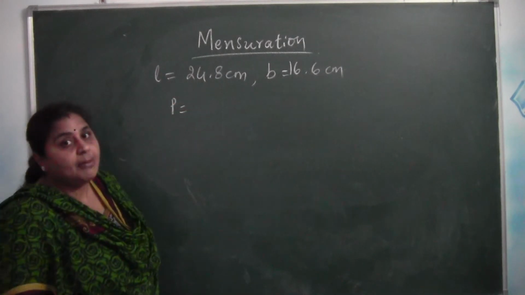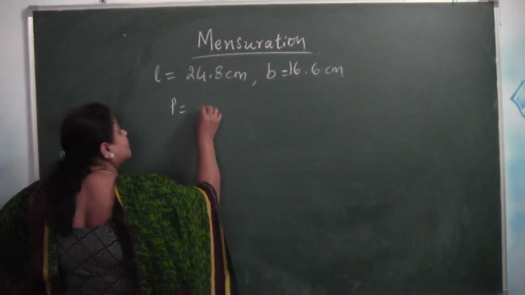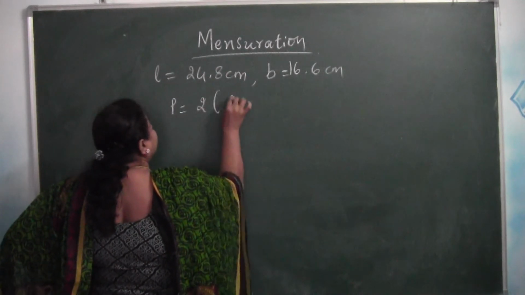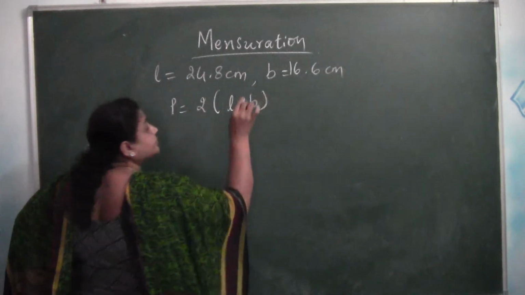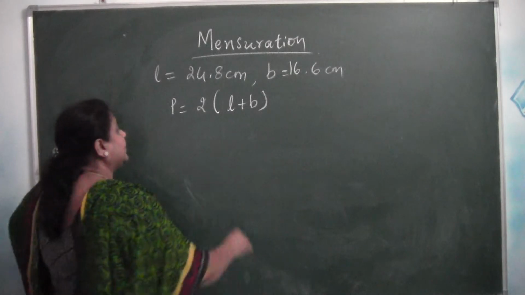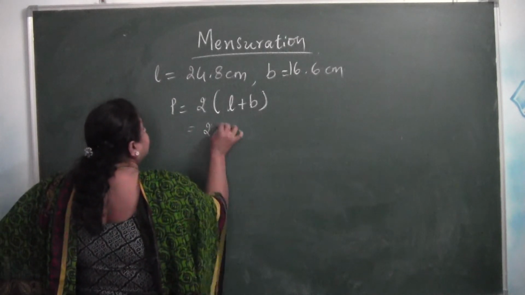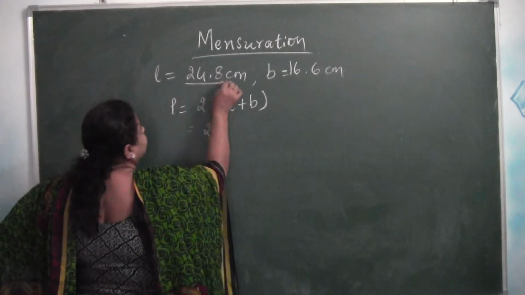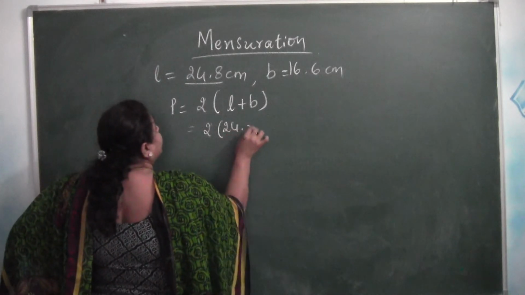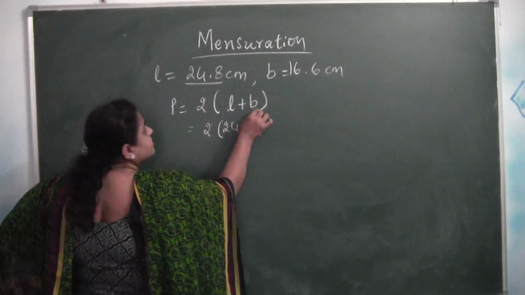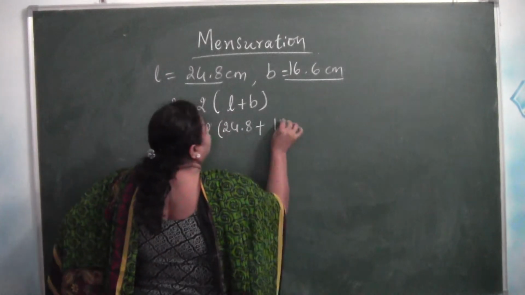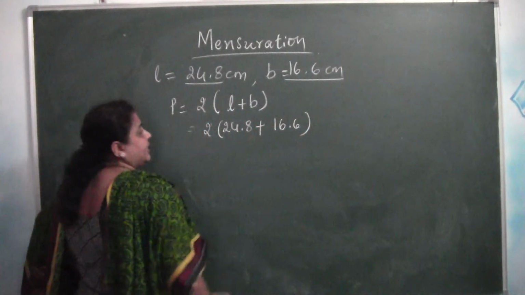P is nothing but perimeter. So what is the perimeter of rectangle? 2 into (L plus B). So 2 into, what is the length given? 24.8 plus, what is the breadth given? 16.6.